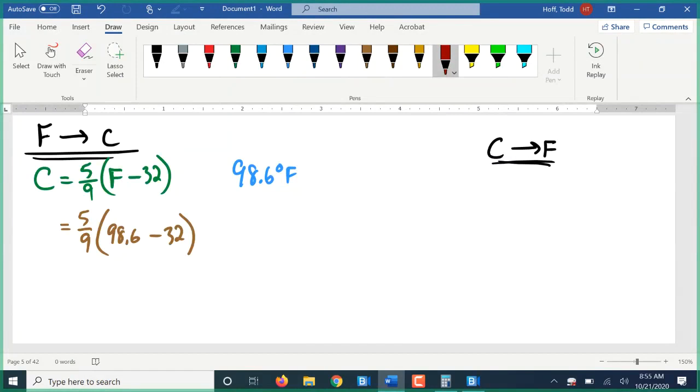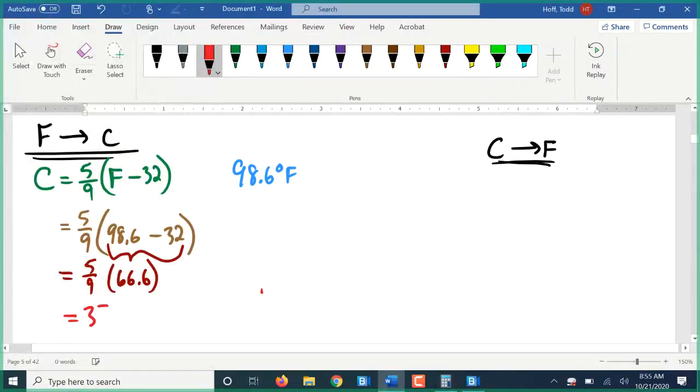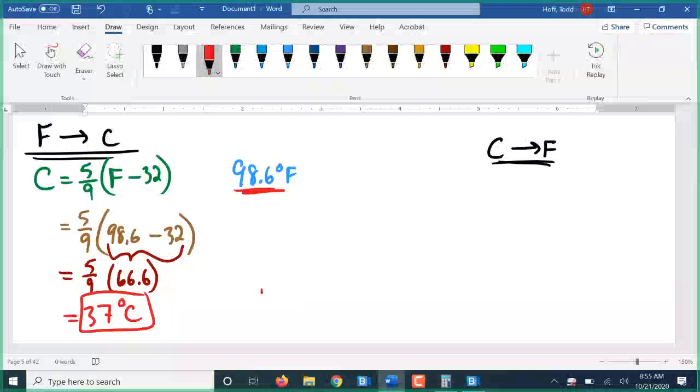So this is simply going to be order of operations. 98.6 minus 32 is 66.6. Now we multiply that by 5/9. Enter that in the calculator. You just do 5 divided by 9 and then times 66.6. Gives us 37 degrees. So 98.6 degrees Fahrenheit is equivalent to 37 degrees Celsius.